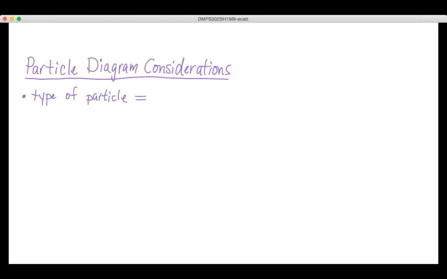With this, we want to have different particles for different substances. Remember, you can represent those any way that you are able to. Maybe you use different colors.